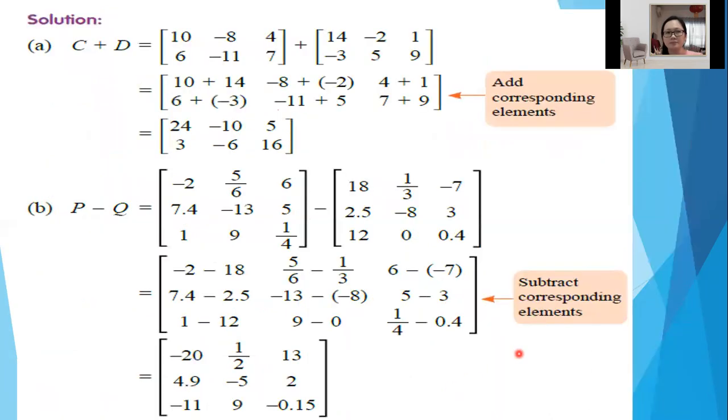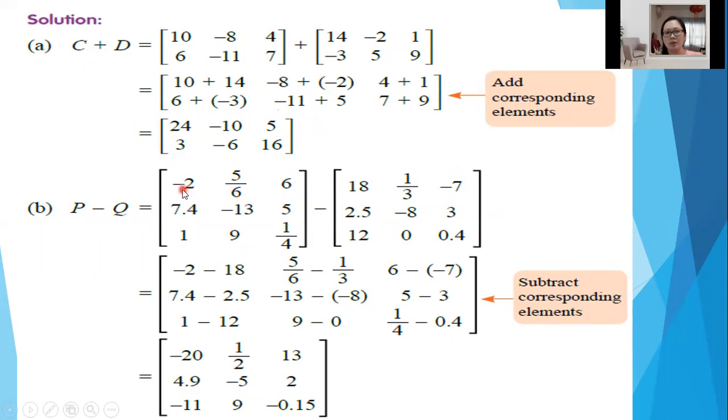Okay. So C plus D, what we are going to do is put all the corresponding elements together using the addition. So solve to get our answer. P minus Q, this is P, this is Q, same order, so put the minus.